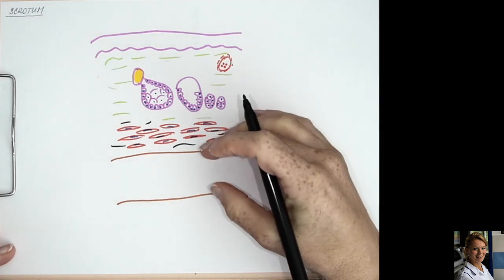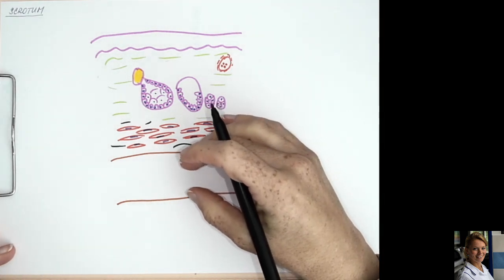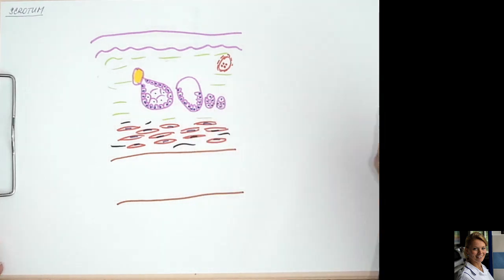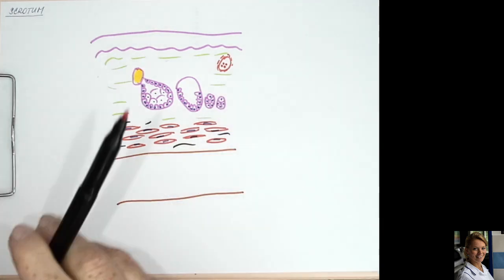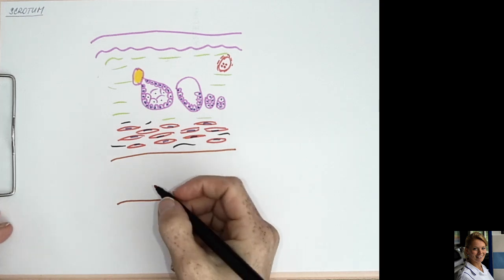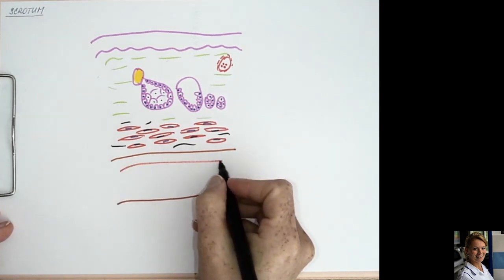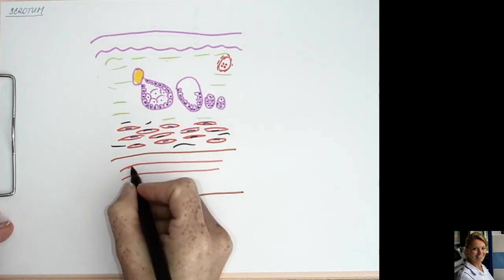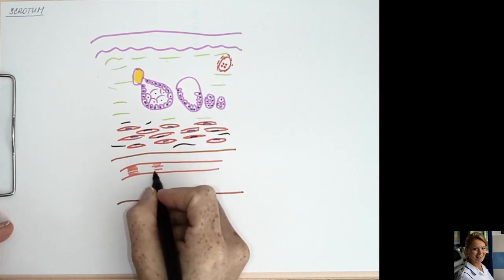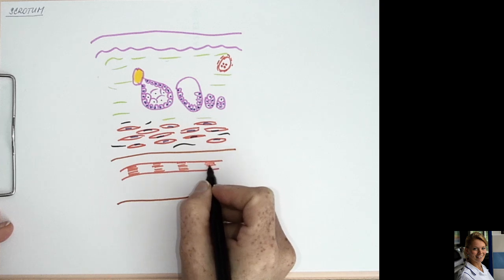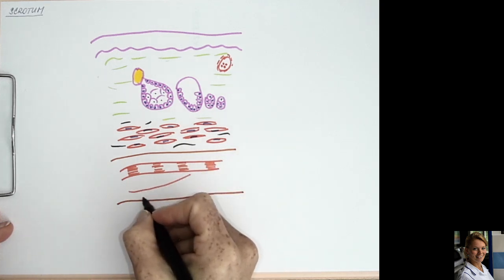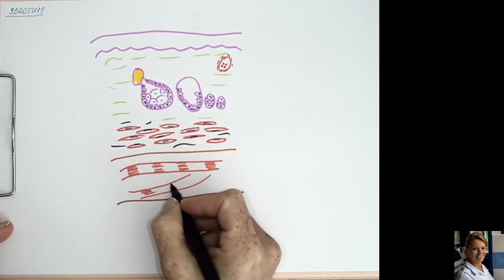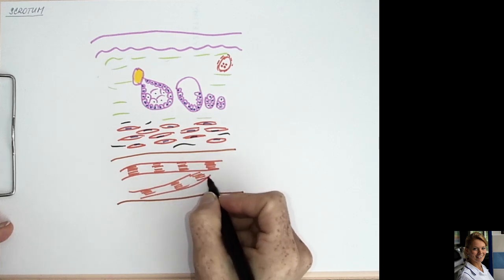And between the connective tissue sheaths, there is a skeletal muscle, which is formed of skeletal muscle fibers with striation and peripherally located nuclei.